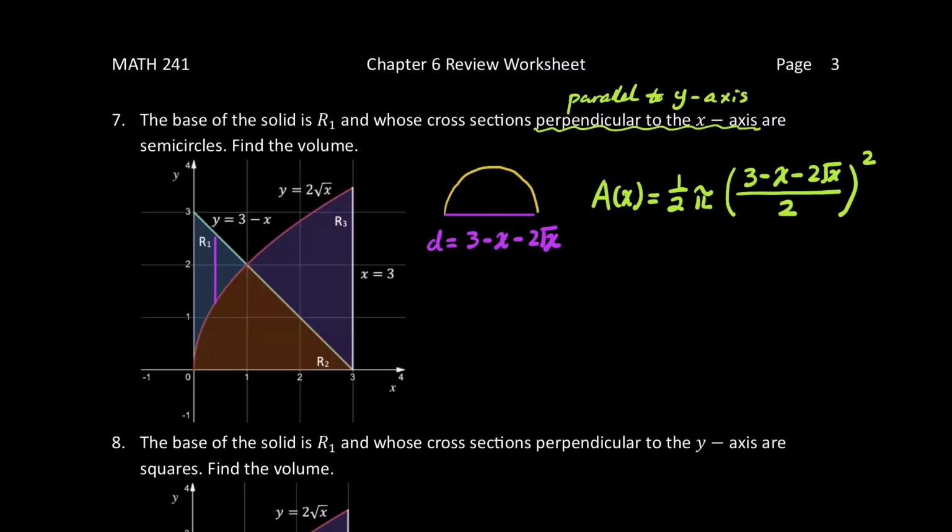So if I have the picture of the semicircle and the pink one, that's the diameter, and I write d is 3 minus x minus 2 square root of x, and when I try to find the area, I use 1/2 pi r squared, right? And r is 3 minus x minus 2 root x over 2. So you can see clearly what I'm doing. I don't have to write a lot of English to explain what I'm trying to do.